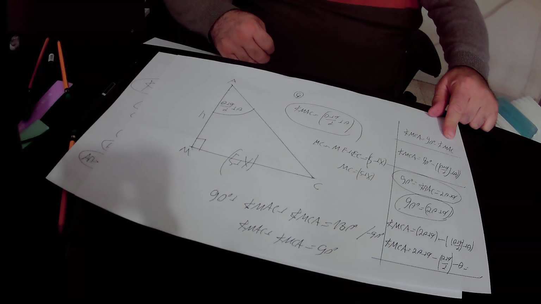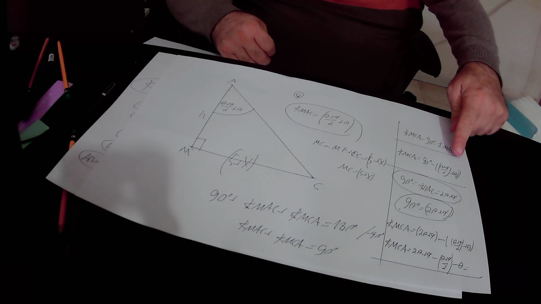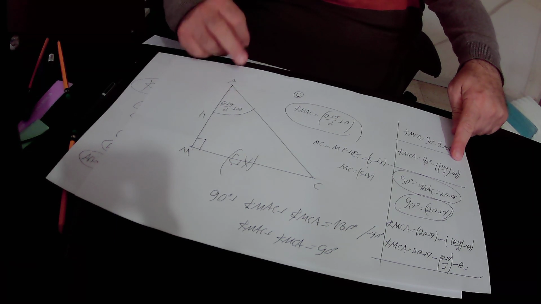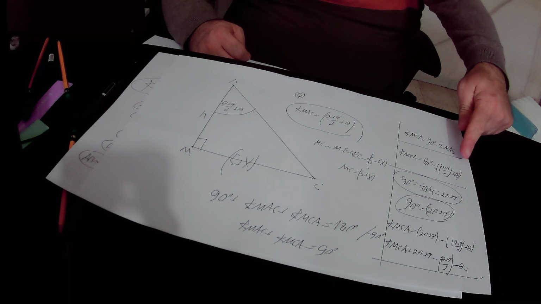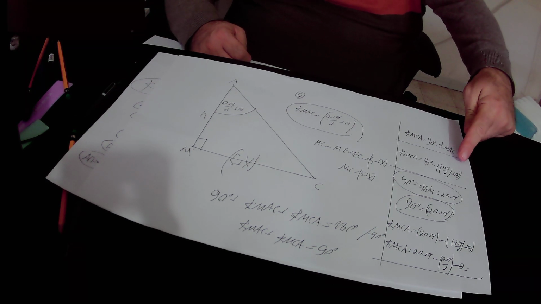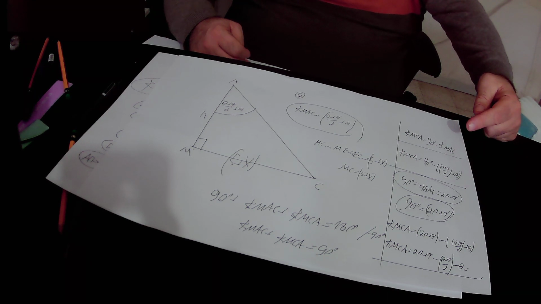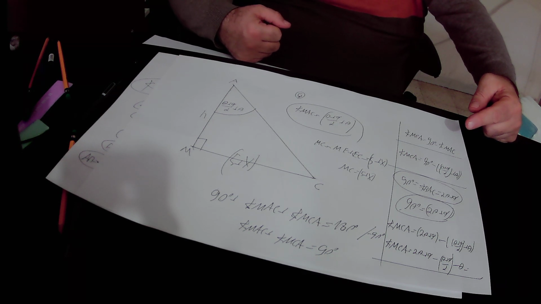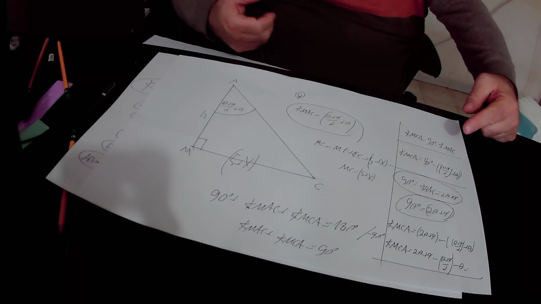So angle MCA equals 90 degrees minus angle MAC, and angle MAC equals (theta plus alpha) over 2 plus theta. Okay? So we substitute angle MAC by (theta plus alpha) over 2 plus theta, and we know that 90 degrees is equal to angle BAC, that is actually 2 theta plus alpha.